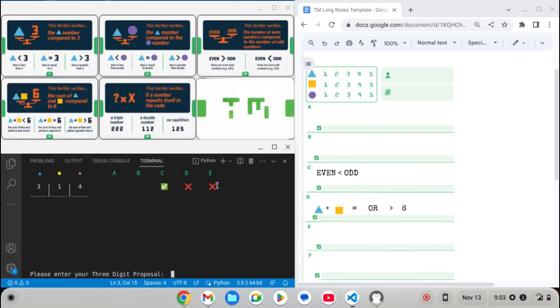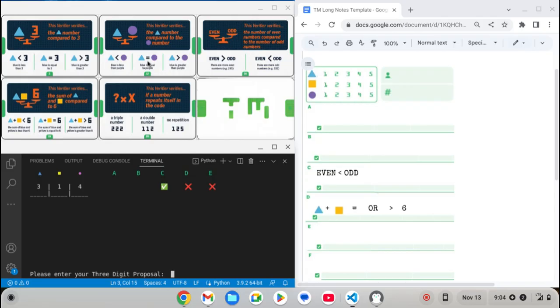Okay, so the Turing Machine does not agree with my proposal. Notice that 3, 1, 4 are all distinct, meaning there are no repetitions, but the Turing Machine does not agree with that. So either we're looking at a triple number or a double number. Now, at this point, I don't think it could be a triple number, because if that were the case, then we would know that triangle would equal circle, meaning that this card would be irrelevant.